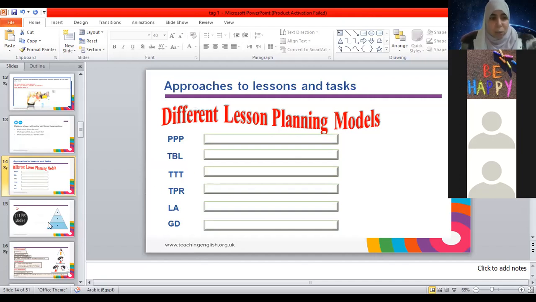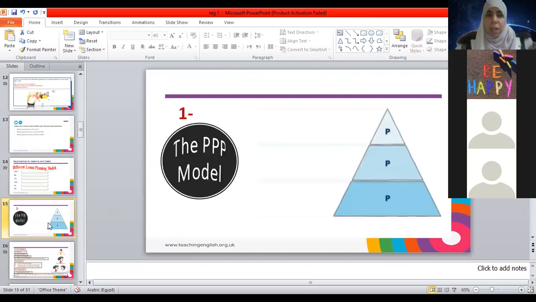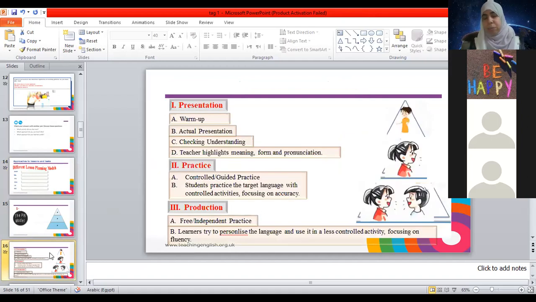Let's start with PPP: presentation, practice, production. Presentation is all about the teacher. The teacher goes inside the classroom, has a warm-up, explains the lesson, checks understanding, and highlights the form, the meaning, and the pronunciation of the grammatical structure.